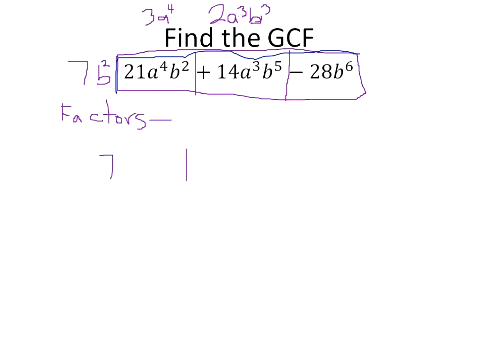We're going to practice this a whole lot in just a second. So, how about the last one? What number times 7b squared is going to give me the negative 28b to the 6th? Okay, not just 4, but negative 4, right? There's no a's, so you don't worry about that.